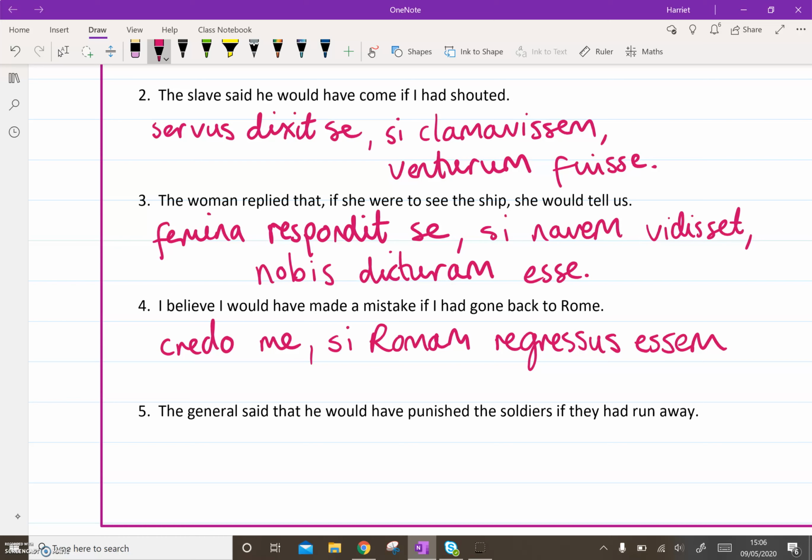So si Romam regressus essem, I would have made a mistake. Erratorum fuisse. So remember, this is still a closed condition, which is why you need that weird periphrastic infinitive, because the suggestion in that sentence is that this person did not go back to Rome.